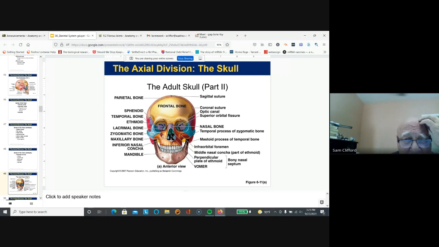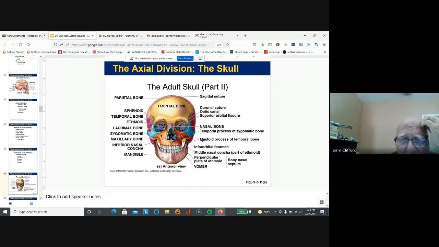The ethmoid is a little bone behind the superior portion of the nasal cavity. There's a sphenoid bone, which will form parts of the wall of the skull, and the frontal bone, and so on. So we have the vomer, which forms the nasal septum. We have conchae, which, where'd they go?